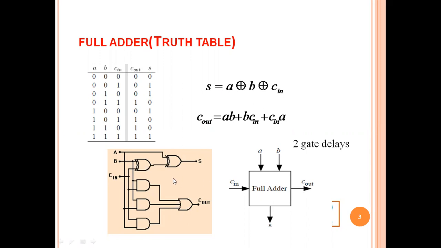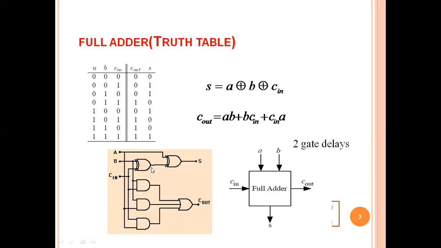One thing you must know: here I have used a 3-input OR gate. If I use a 3-input XOR gate, what should be the gate delay for S? In that case, the gate delay for S will be 1 gate delay, because the 3 inputs come to an XOR gate which can take 3 inputs.